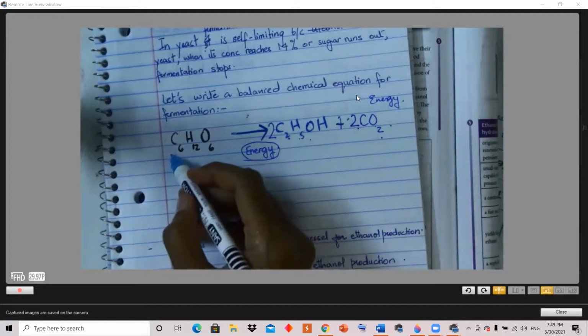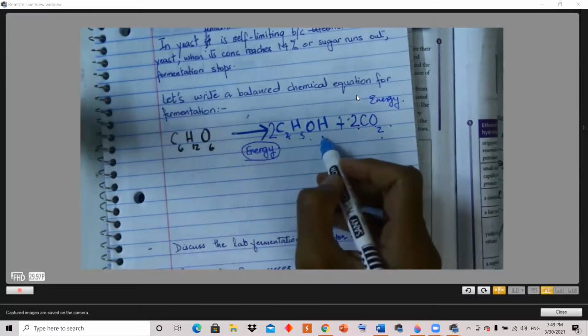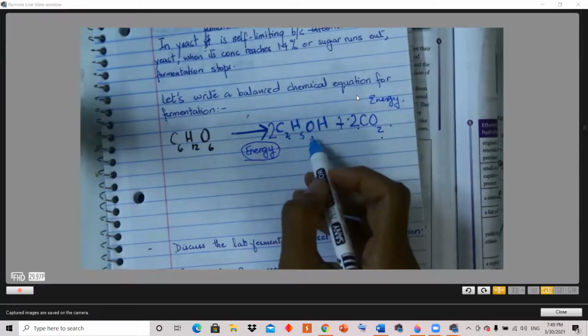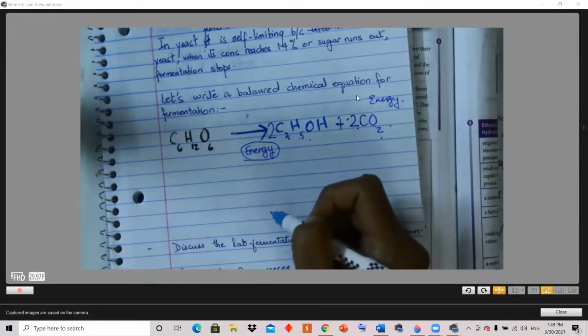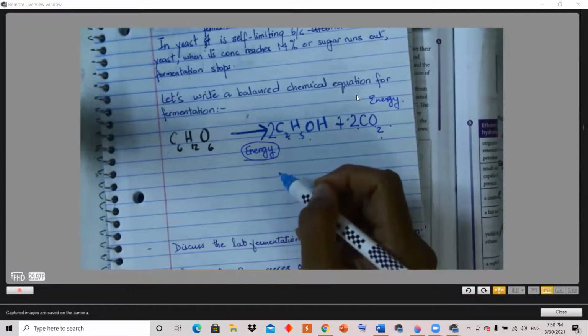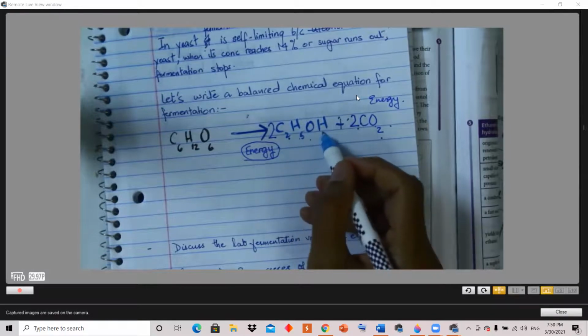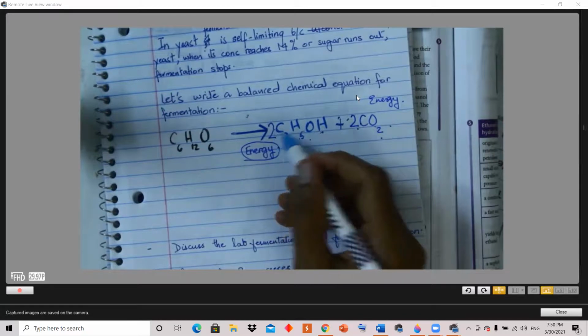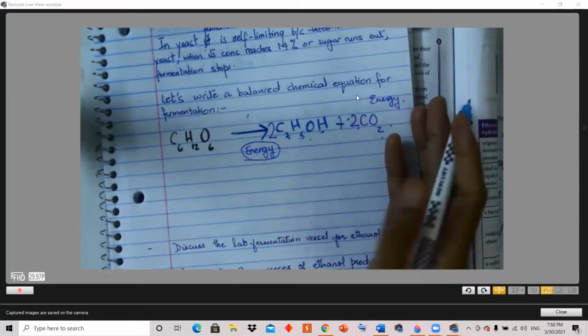So now we have 6 carbon atoms, 12 hydrogen, and 2 twos are 4, 5, 6, so 6 oxygen. Did you understand some of this? You have 12 hydrogen.